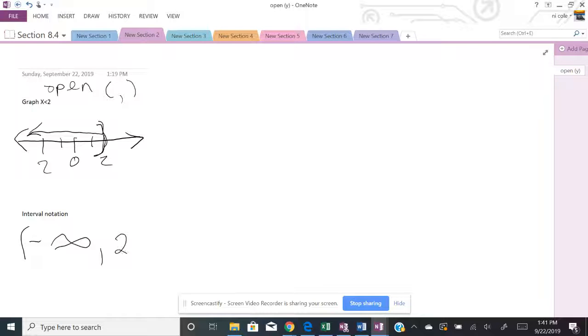Well, we can go up to 2. Do we actually get to 2? No, we do not. So we need to use a soft bracket rather than the hard brackets for that. And we can never, ever get to infinity. So an infinity sign is always used with parentheses, never with a hard bracket.